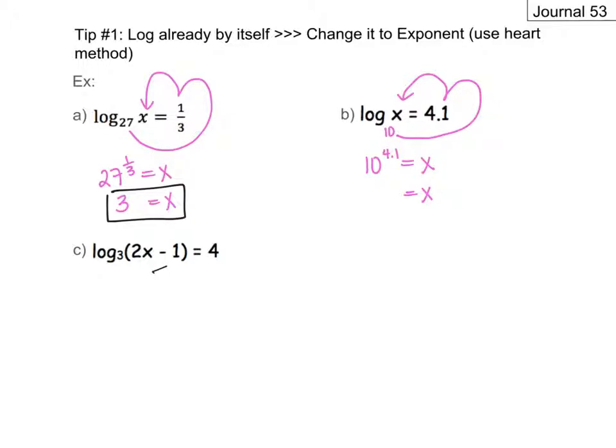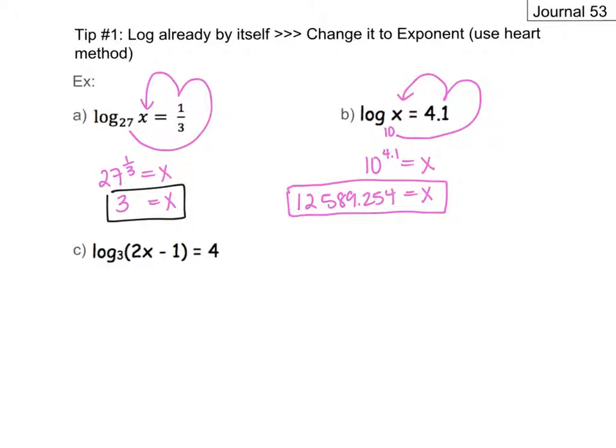Okay, so I got a really big number here, 12,589. I'm going to round to 3 decimal places, 254. And that's it. So x is by itself, so that's my answer there. Box that in.